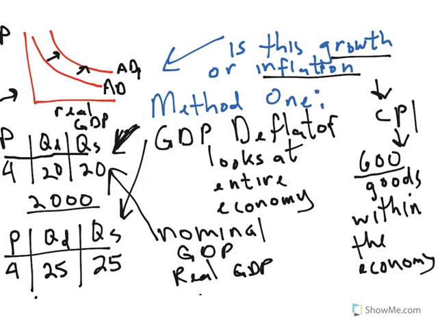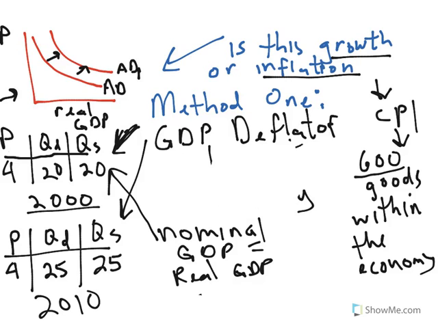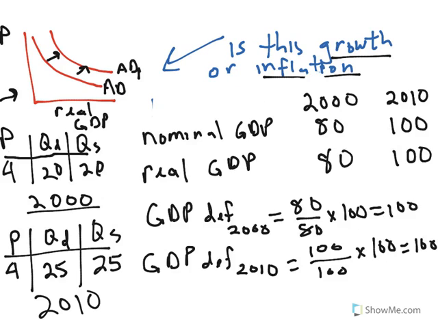This is 2000, this is 2010. The nominal GDP is the nominal GDP at that specific year. Okay? Not accounting for inflation. So we're looking at each year. We need nominal GDP divided by real GDP to calculate the GDP deflator.